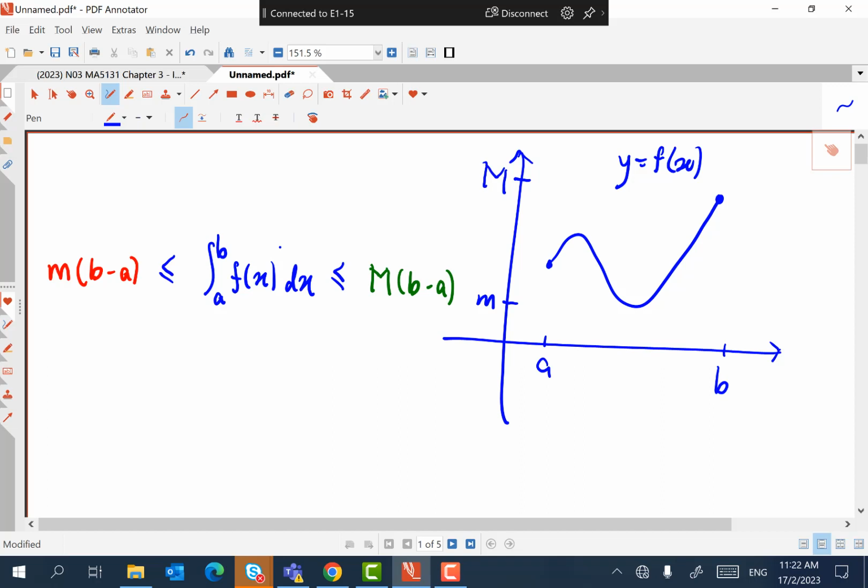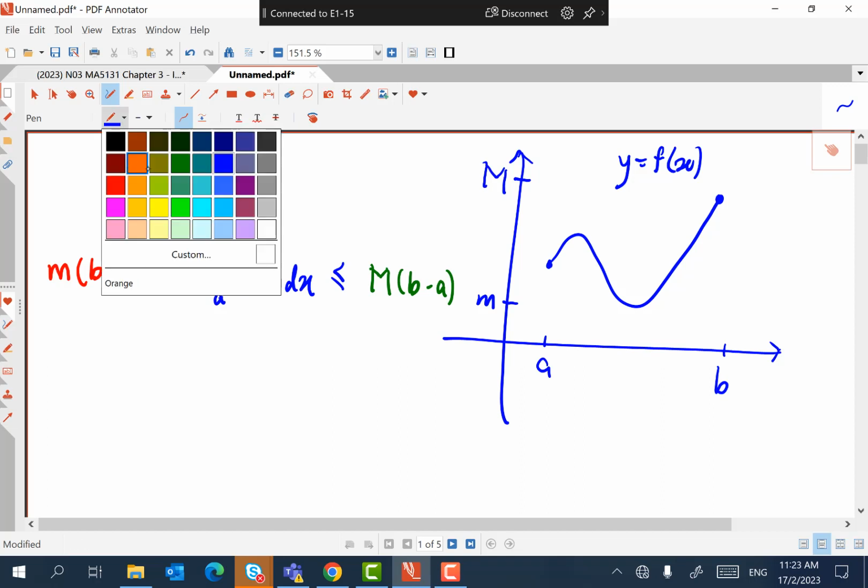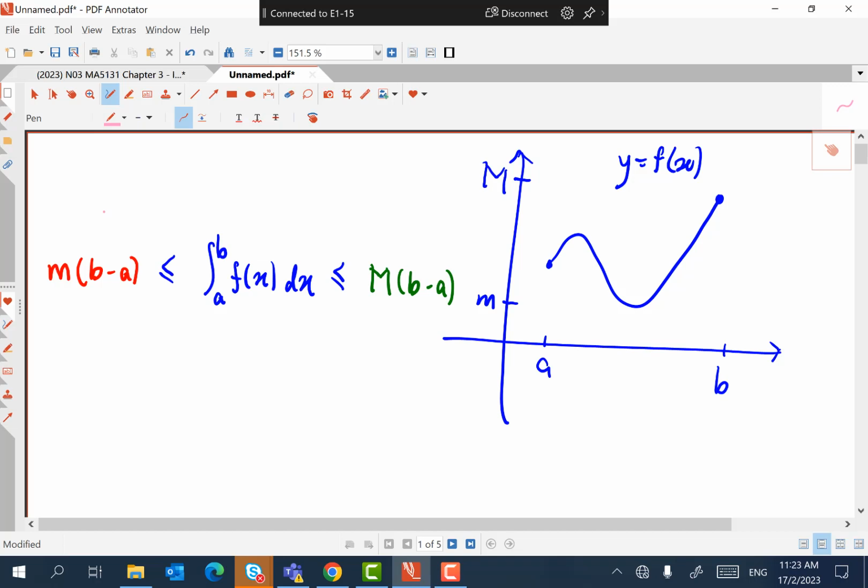All can see, right? There is another rectangle. Let me use this color. There's another rectangle that's like that.